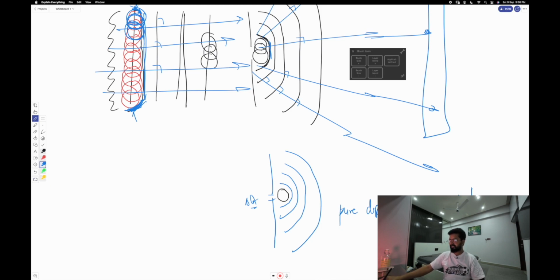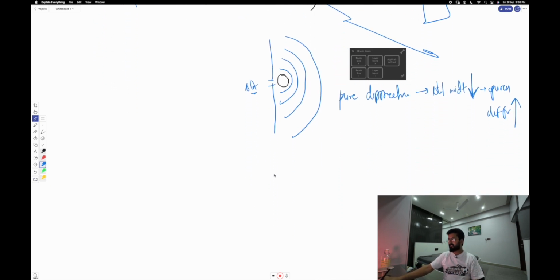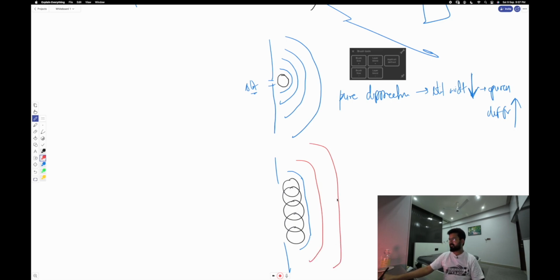What if slit width is larger, say this much? Because with a larger gap, more secondary wave fronts will be able to pass through, due to which the edges will be curved like this, but the center will be flattened like this, and that is how the resultant wave front will be. Look at this. That's not a pure diffraction, right?